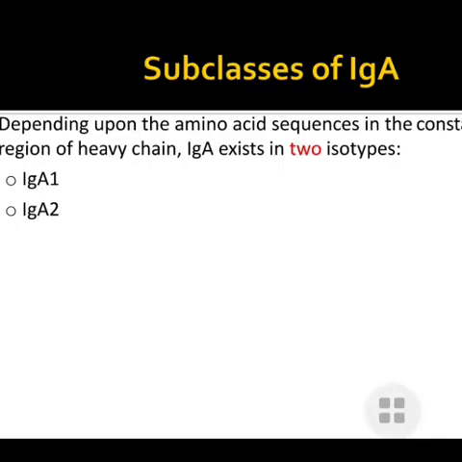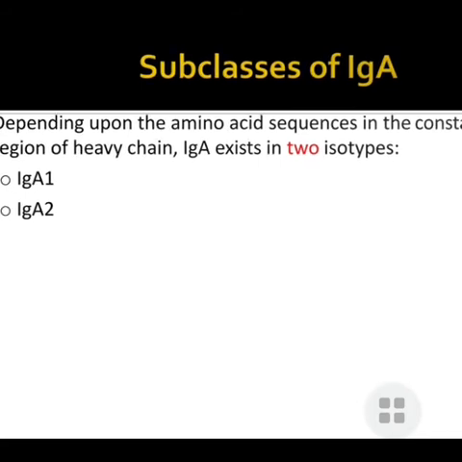The two different subclasses of IgA are IgA1 and IgA2, and they basically differ in the hinge region. Depending upon the amino acid sequence in the constant region of the heavy chain along with the hinge region, the IgA exists in two different isotypes.